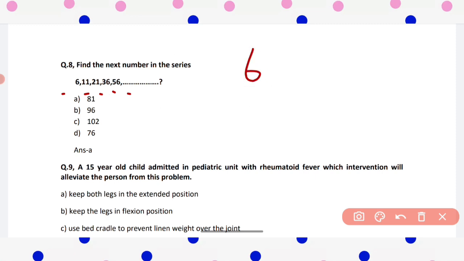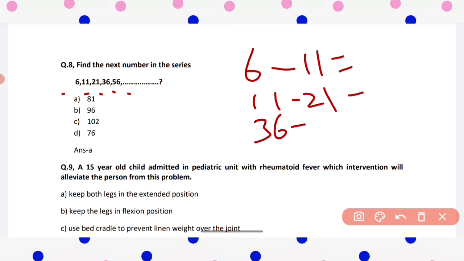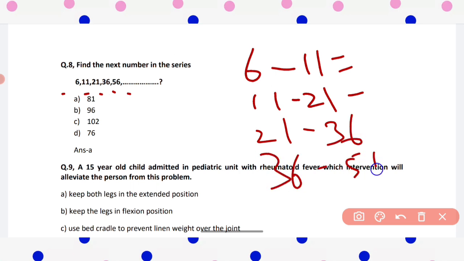Just do like this: 6 and 11, 11 and 21, 21 and 36, 36 and 56. So what will give the answer for 56?